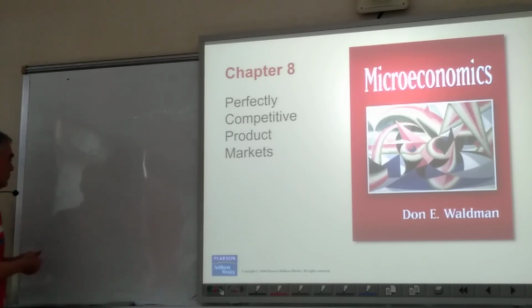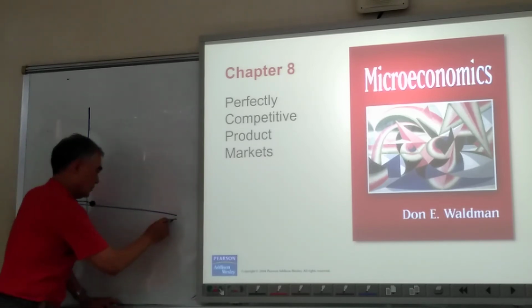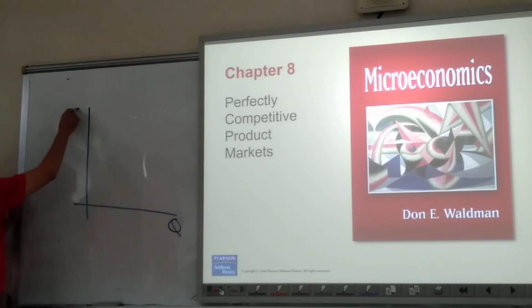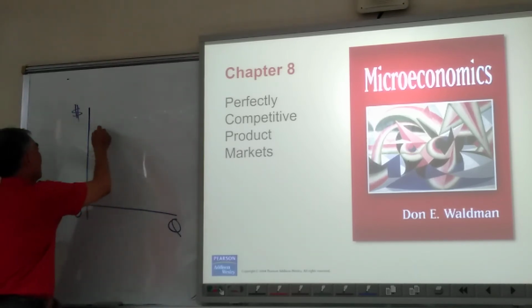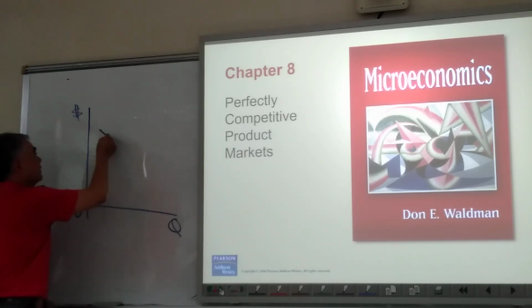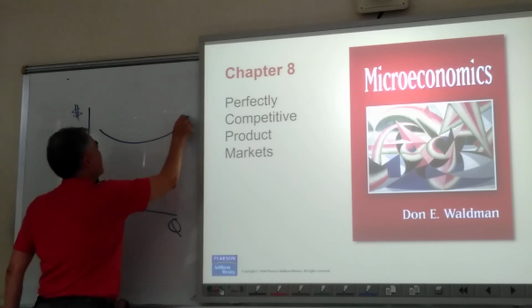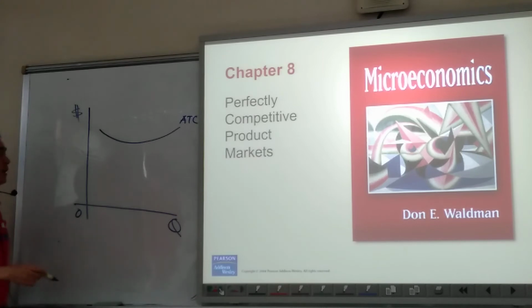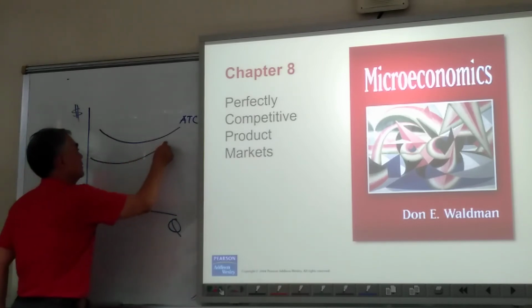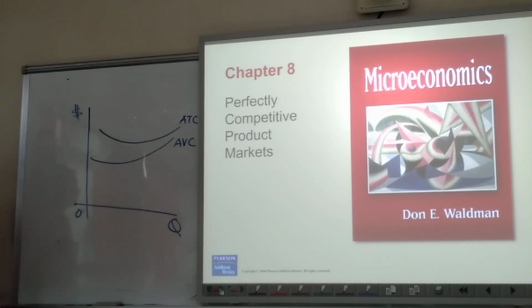So let us try this. Remember that this is the cost, so Q and 0 here. Let's assume it is a short run production. So we have here ATC, average total cost. And here we have AVC, average variable cost.